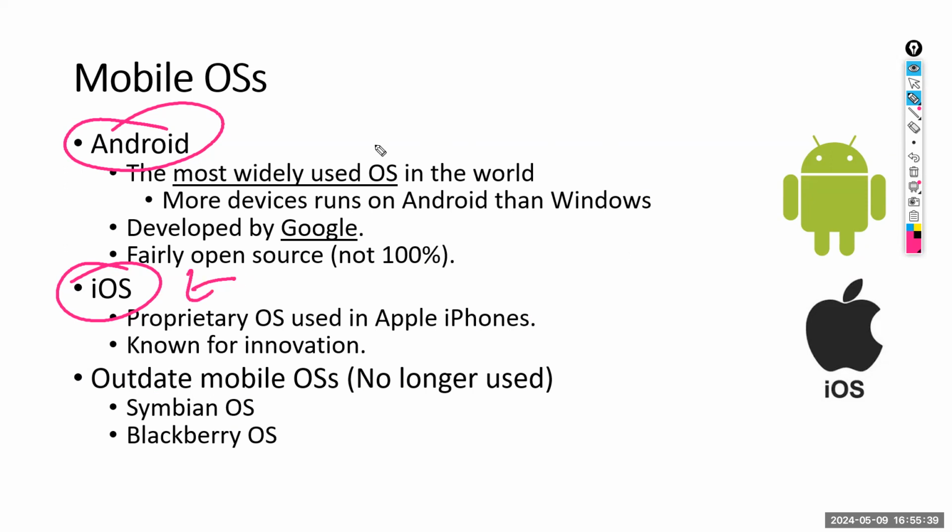It's pretty much a proprietary OS from Mac for smartphones. Then there are some old, outdated mobile operating systems like Symbian OS, BlackBerry OS, and so on. But those are no longer used.